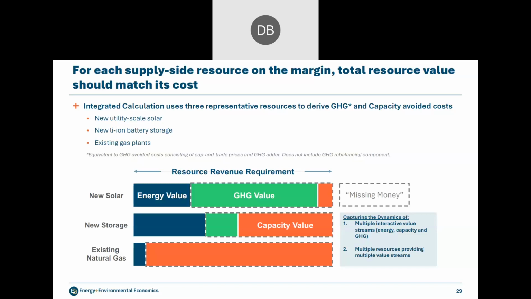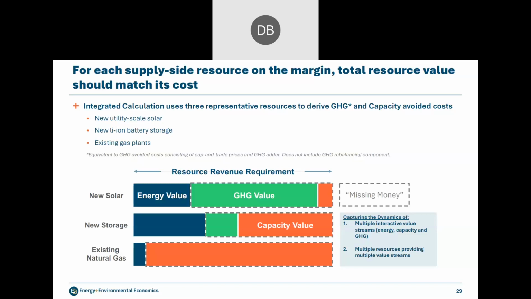This model aims to capture two fundamental dynamics in the long-term resource planning. First is that the three value streams, the energy, GHG, and capacity values, are interactive and interdependent because the electric grid really needs all three in a decarbonized world.